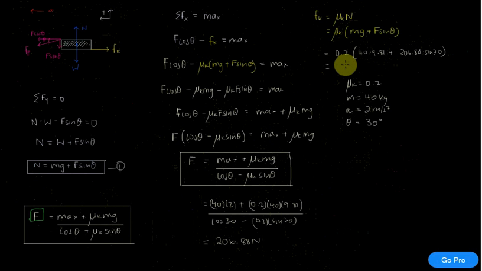So 0.2 times 40 times 9.81 plus 206.88 times the sine of 30, and that equals 99.168 newtons. So you can see that the frictional component of the force has definitely increased.